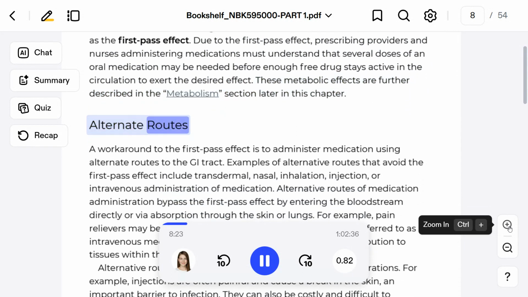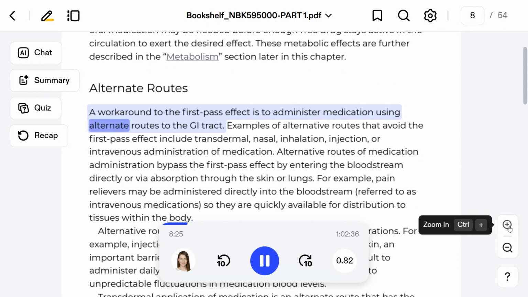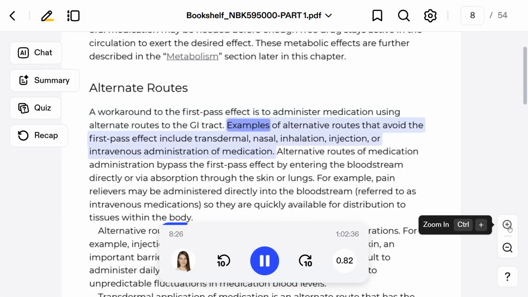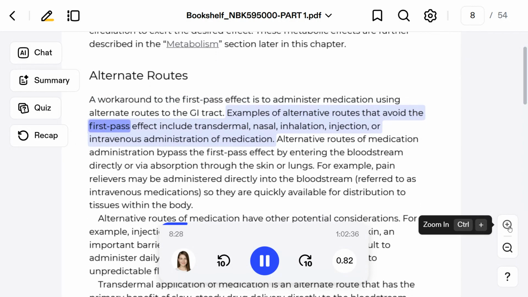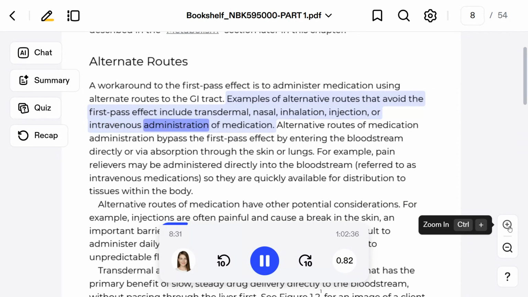Alternate routes. A workaround to the first pass effect is to administer medication using alternate routes to the GI tract. Examples of alternative routes that avoid the first pass effect include transdermal, nasal, inhalation, injection, or intravenous administration of medication.